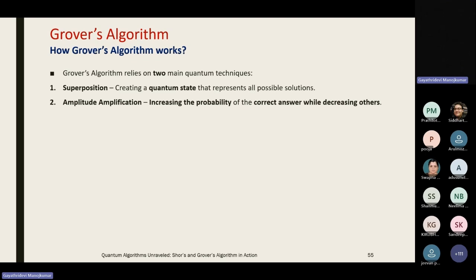This increases the probability of the correct answer. Here we need to recall the terminology called interference, right? We have seen interference. This is useful to perform the amplitude amplification, that is, to increase the probability of the correct answer rather than the wrong one.